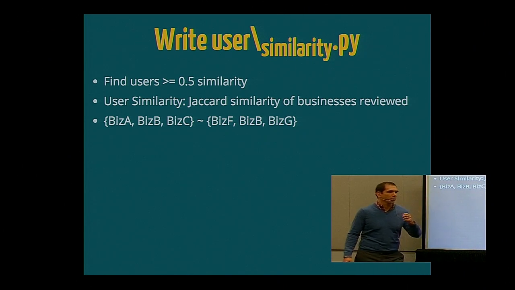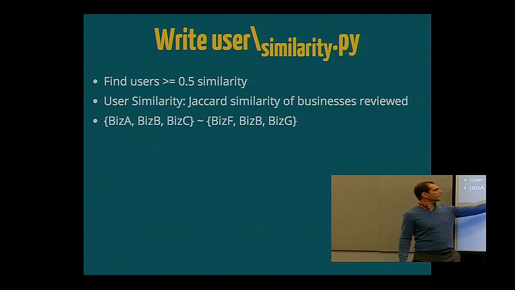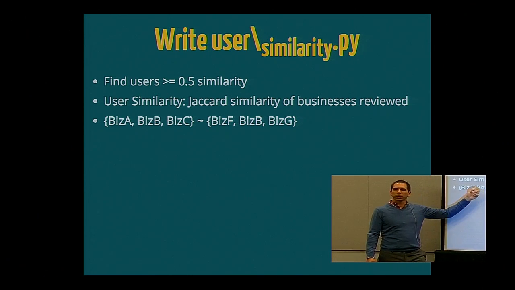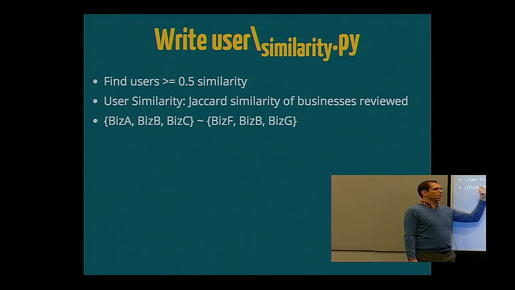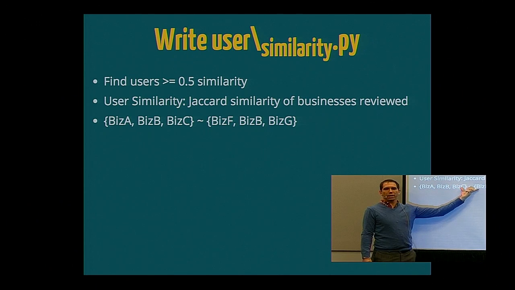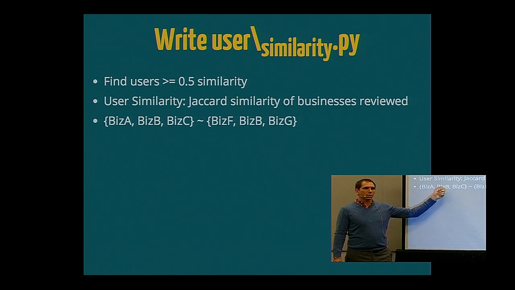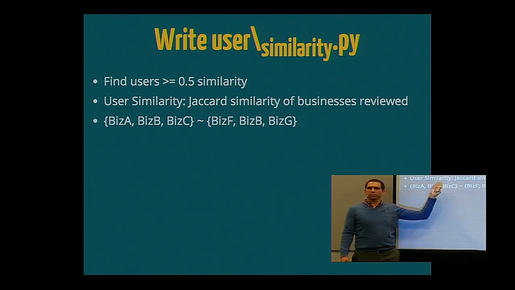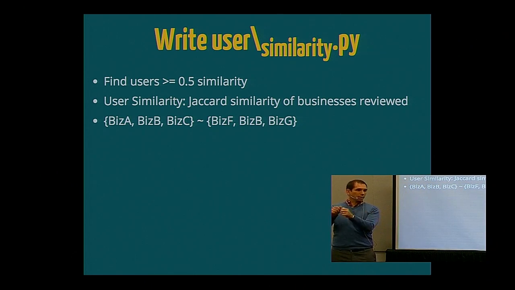Okay. So we're saying it's pretty easy to get these two sets where we're probably reducing on the key of user with all the businesses that they've reviewed. So we've gotten this far where we have a description of a user that is all of the businesses they reviewed. Now we need to start comparing users.